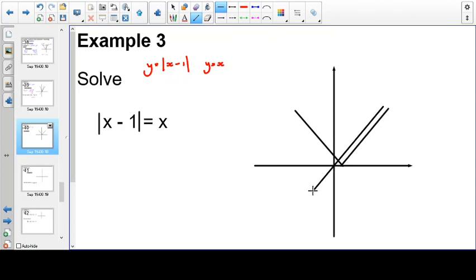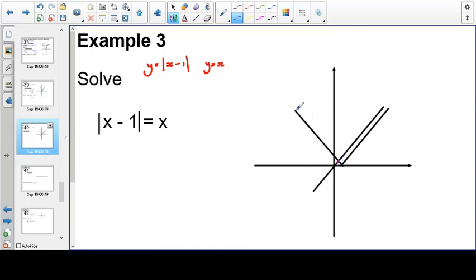It's a bit better. So here's y equals modulus x minus 1. Here's y equals x. So because these are parallel, there's no extra point of intersection there. There's just the 1 there.